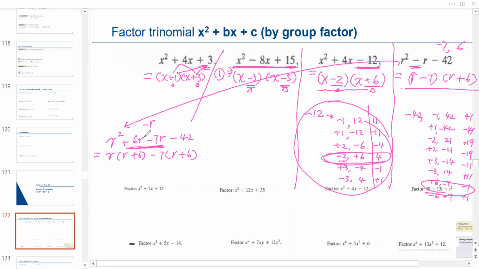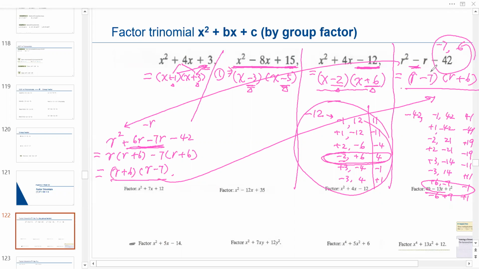So one -R breaks down into 6R minus 7R, right? So right now R+6 is the group factor. We can quickly get it here, right? So if you know this process, you can see these two, the product of them is -42. The sum of them, -7 plus 6, is -1. You can quickly get these results, right?